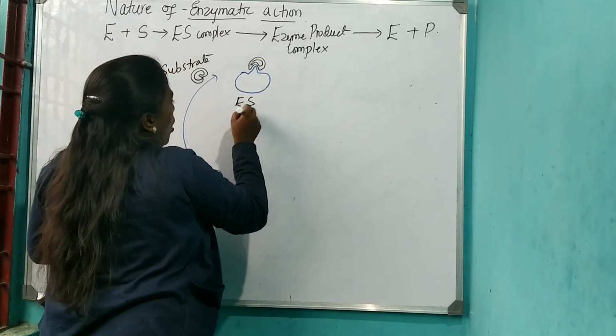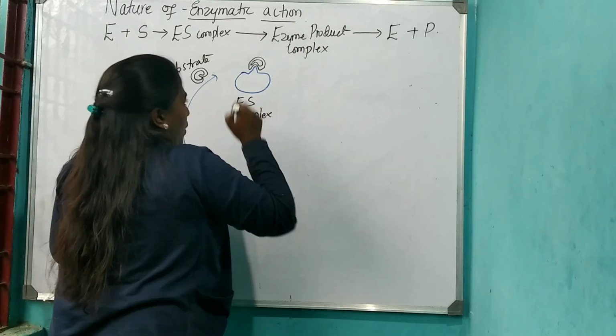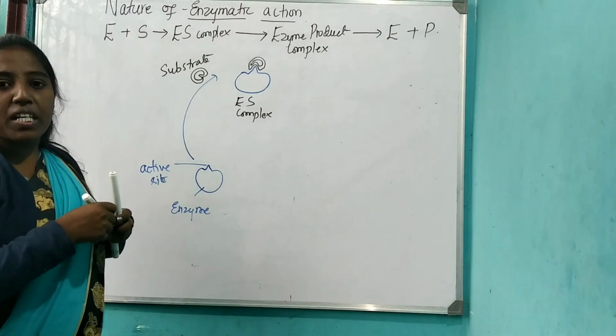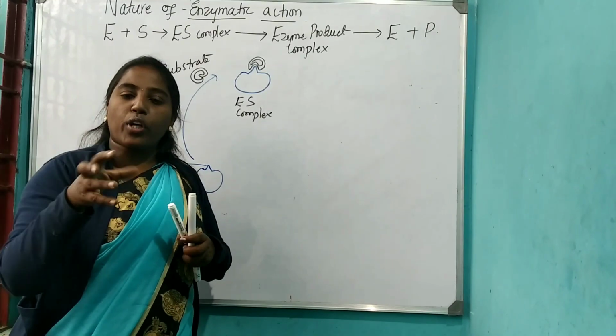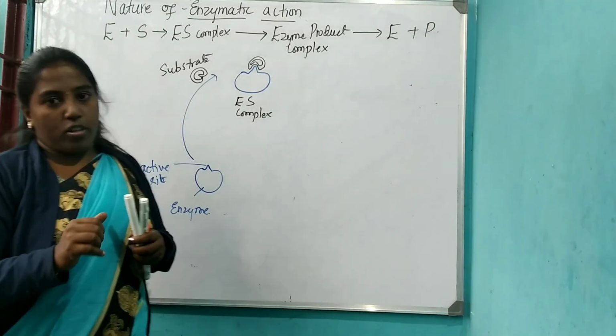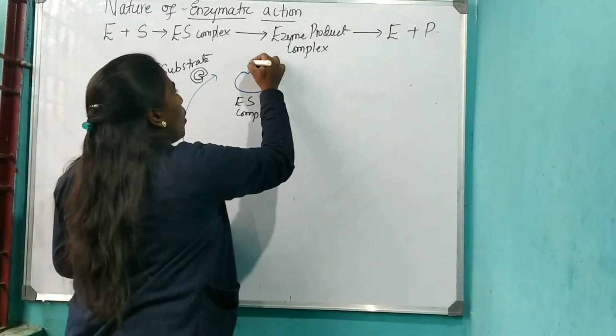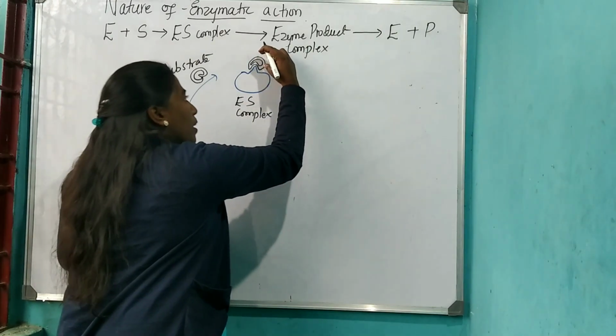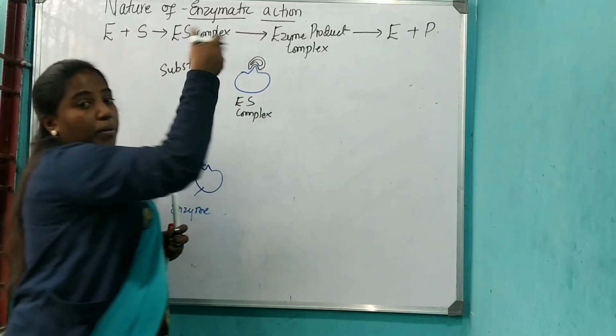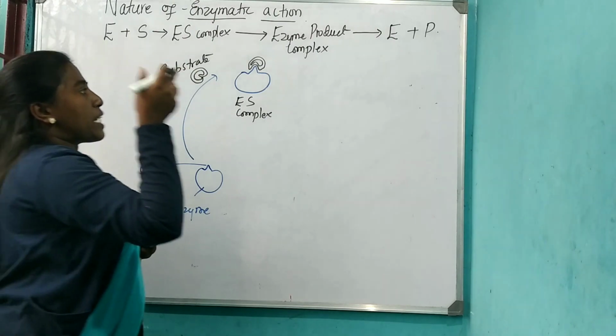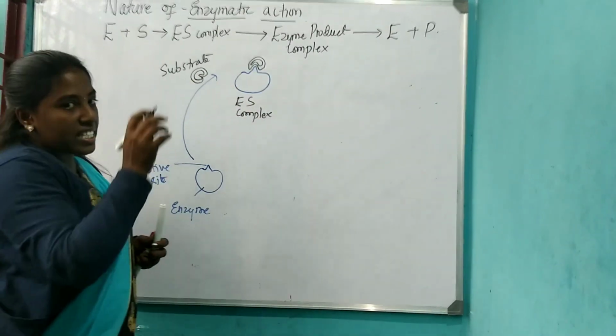Enzymes are nothing but molecules that help in the breakdown and formation of chemical bonds. So in the substrate, the breakdown or formation of chemical bonds takes place with the help of the enzyme.